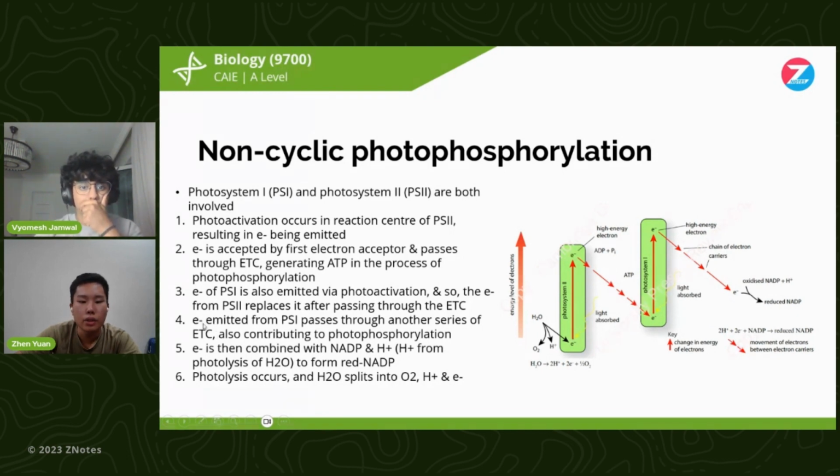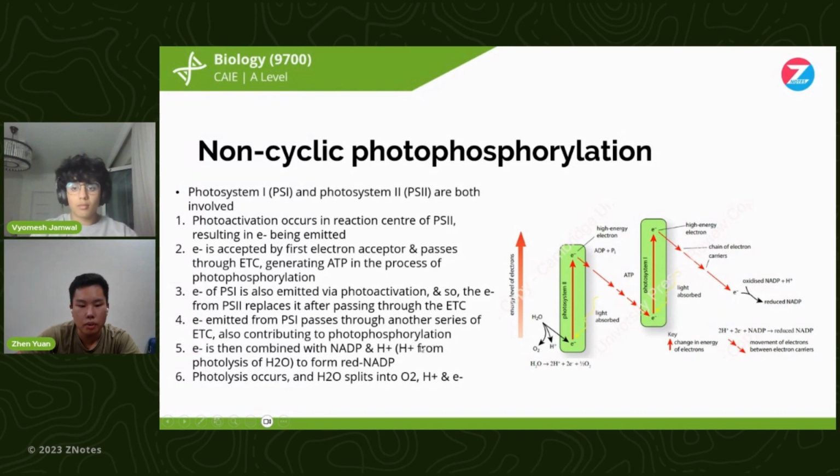And the electron emitted from photosystem 1 passes through another series of electron transport chain, also contributing to the photophosphorylation. And your electron, after it passed through the chain of electron carriers, is then combined with your NADP and your H+.